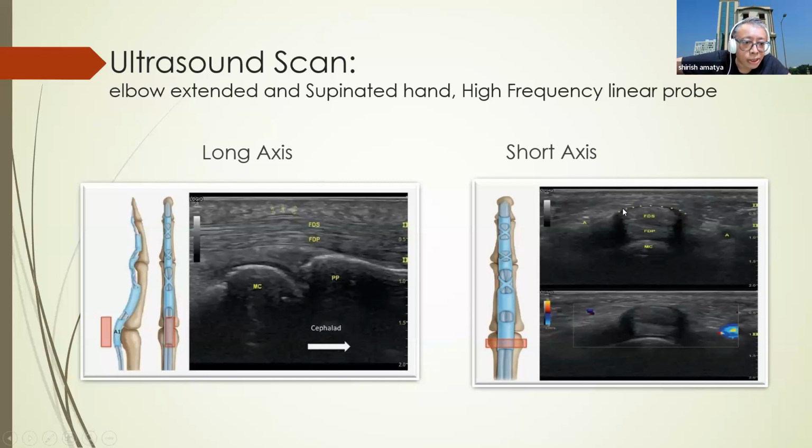It is a ribbon-like structure which arches over the flexor digitorum tendon, and it helps to stabilize this tendon and prevents it from bowing when the finger is flexed. If you put on color Doppler, we may also see the digital arteries on either side of the pulley.